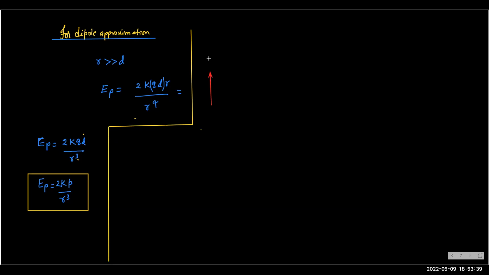Which means if I plot the graph on a relative basis, the graph for E versus R, I may get a graph like this. So if this is 1 by R square, then I can say this is 1 by R. The fast decay, understood?